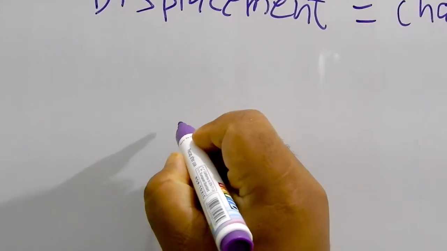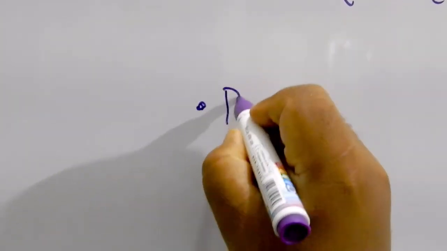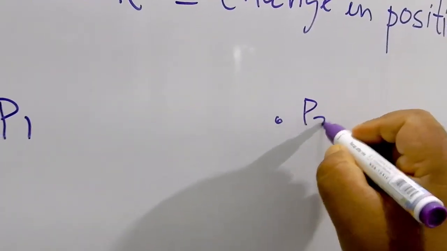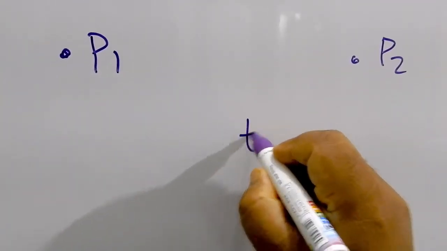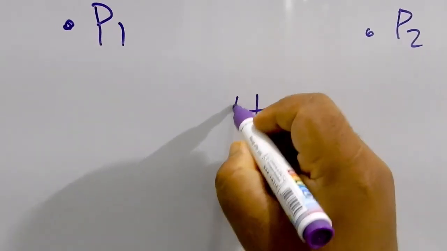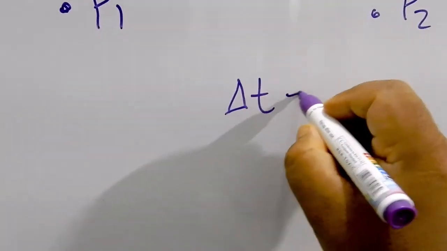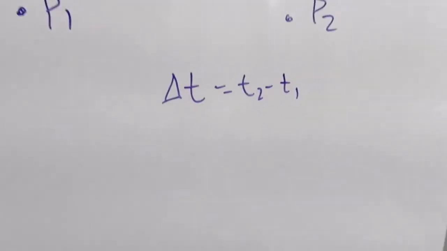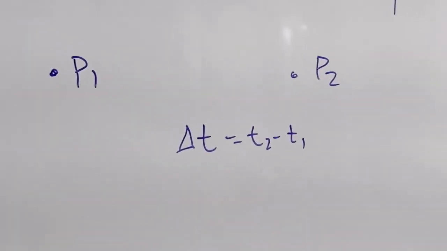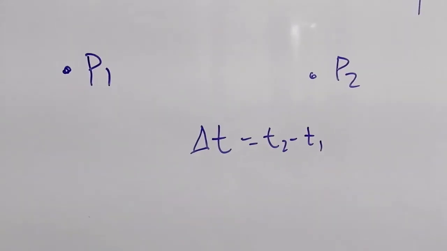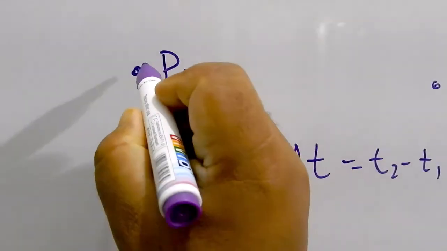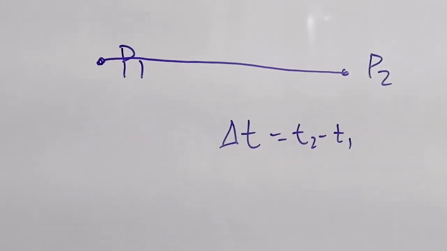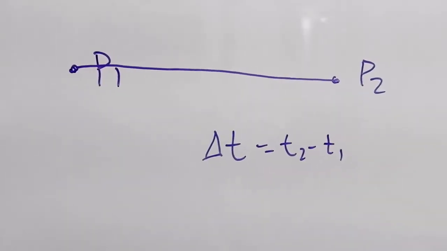When a body goes from point P1 to point P2 in time t, or delta t, that equals t2 minus t1, or the final time minus the initial time. So suppose a particle goes from P1 to P2 in time delta t.